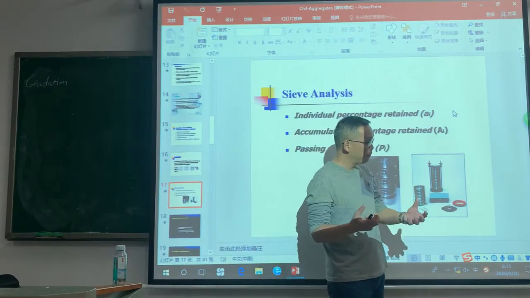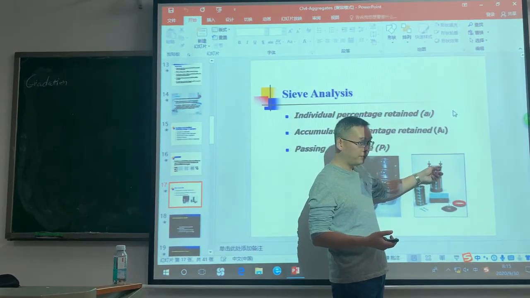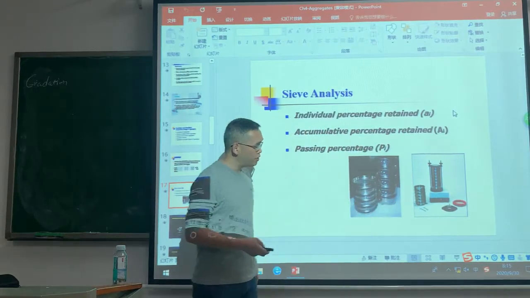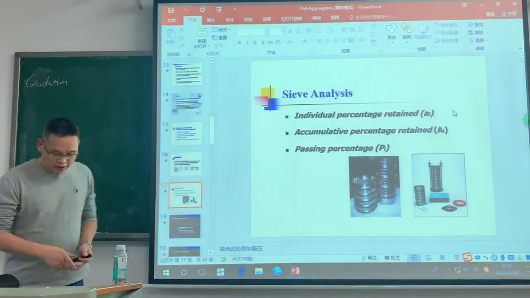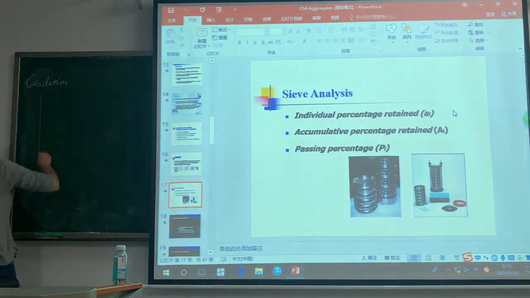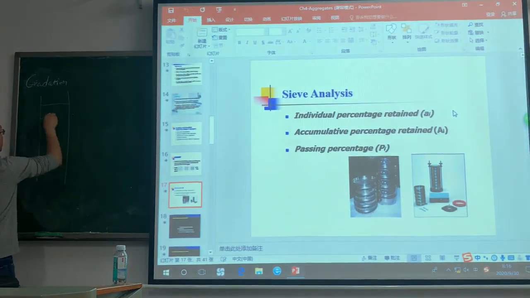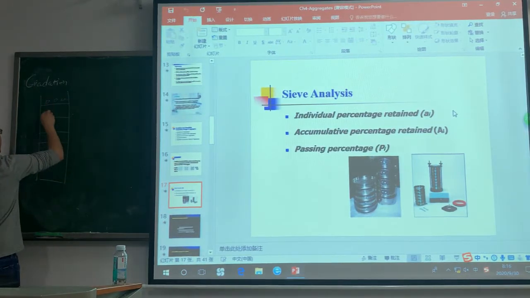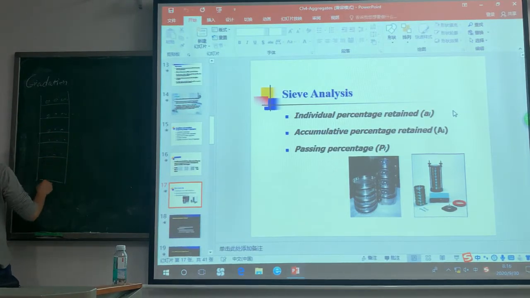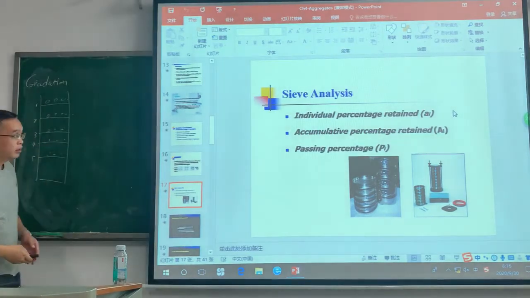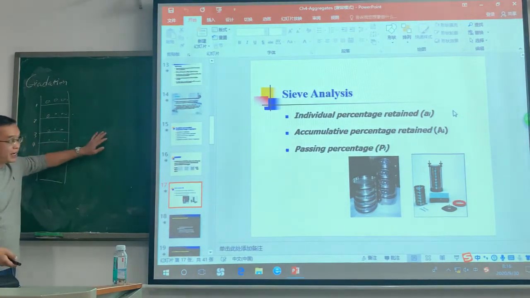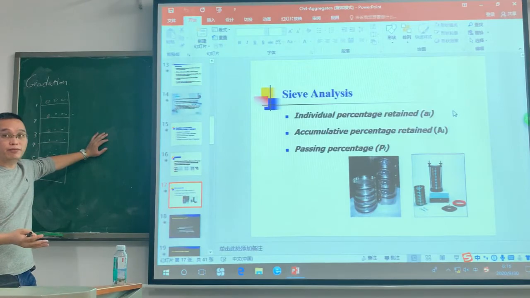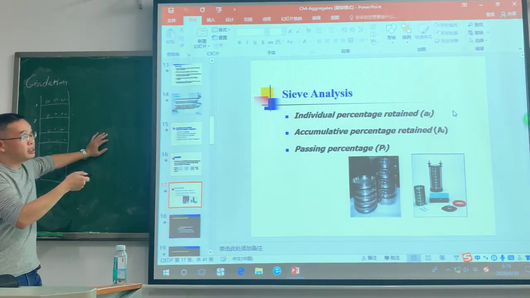When we put the aggregates into them, after vibrating, we can get some aggregates on each sieve. So we need to get 3 kinds of index for the gradation.